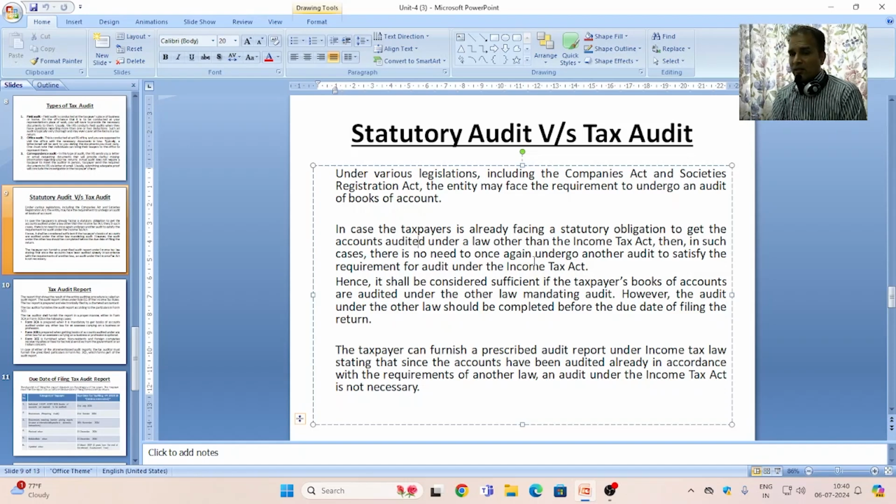The taxpayer can furnish a prescribed audit report under income tax law stating that since the accounts have been already audited in accordance with the requirement of any other law applicable to the business or profession, an audit under the Income Tax Act is not necessary. So, a statutory audit that has already been conducted on the SSC prevents repeating the tax audit. Yes, SSC can furnish the information to the department that a statutory audit has already been conducted and the report is here.